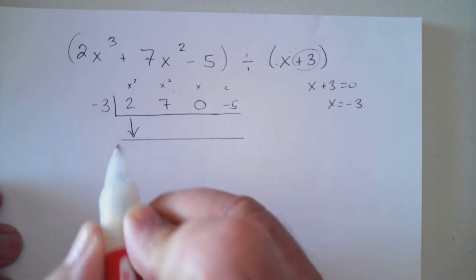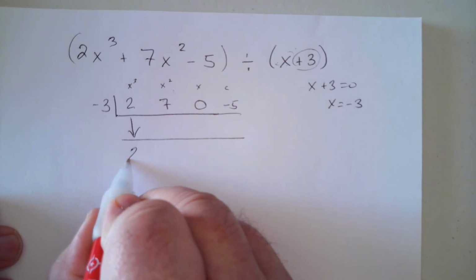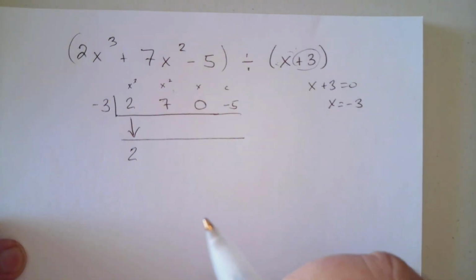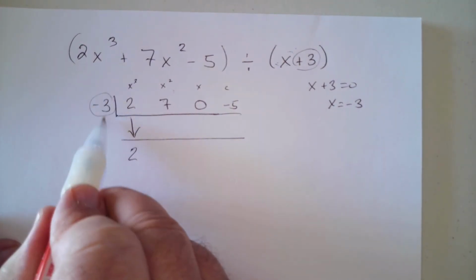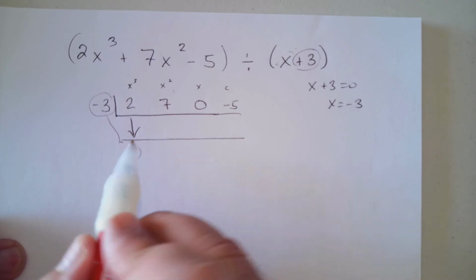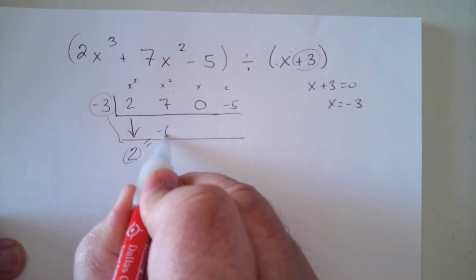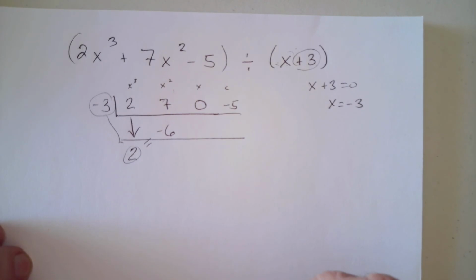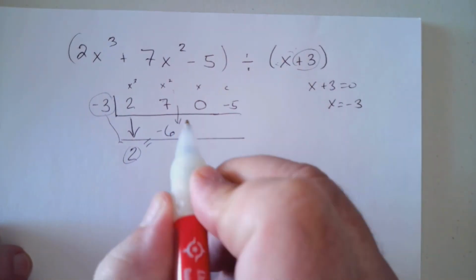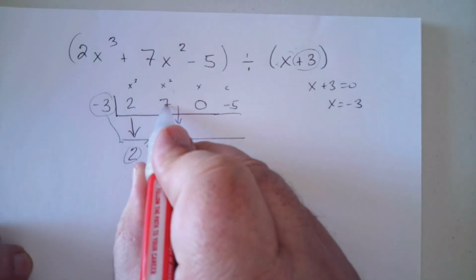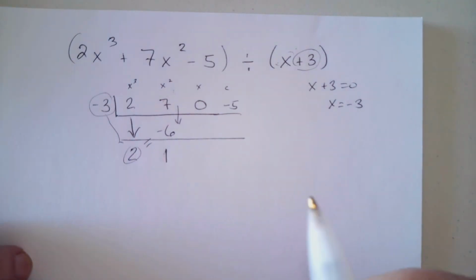The first term comes down. Multiply. Negative 3 times 2 equals negative 6. Add. 7 minus 6 is 1.